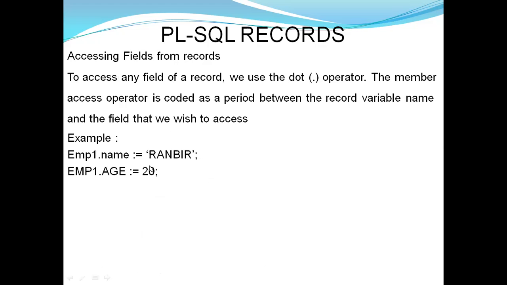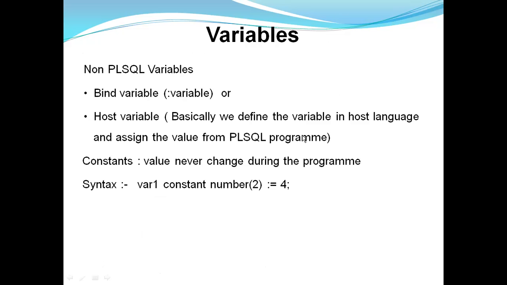So this you have already seen. When you are assigning, you have to assign to the fields, not to the variable. Variable name, variable name dot age. So to access any field of a record, we use a dot operator. Now, I think it is clear.